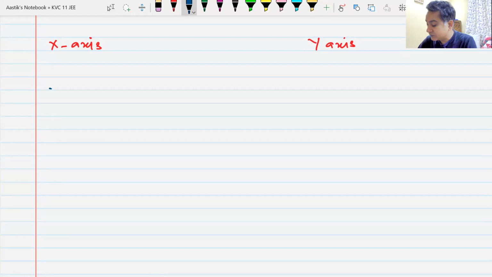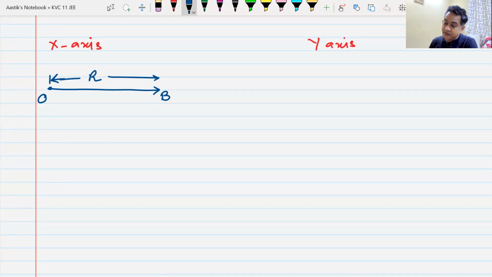This is the point O from where the ball was thrown, and this is the point B where the body lands, and from O to B the total distance is R. This is only the x-axis that I have drawn.